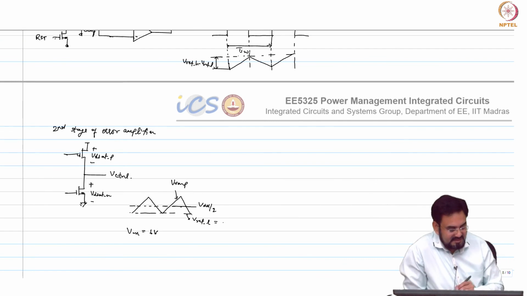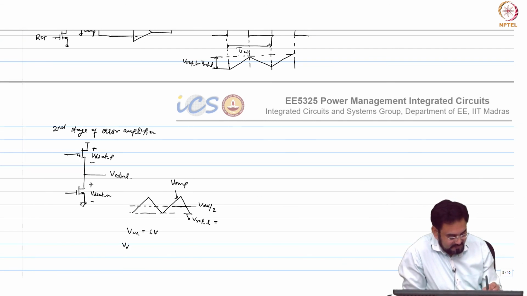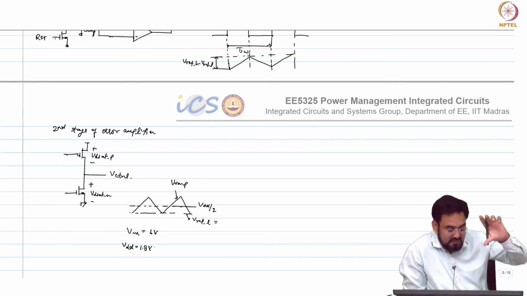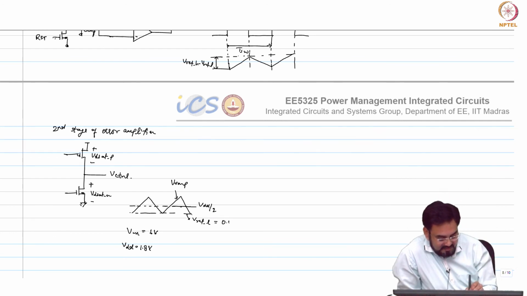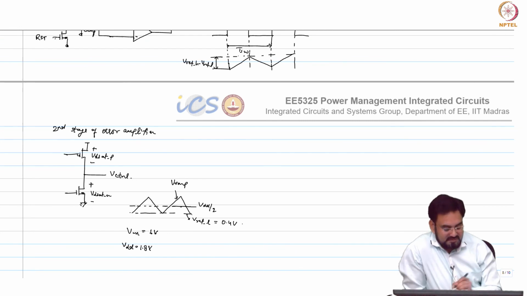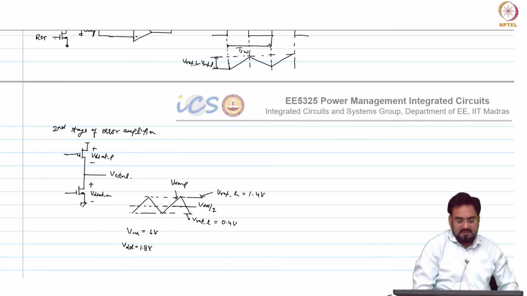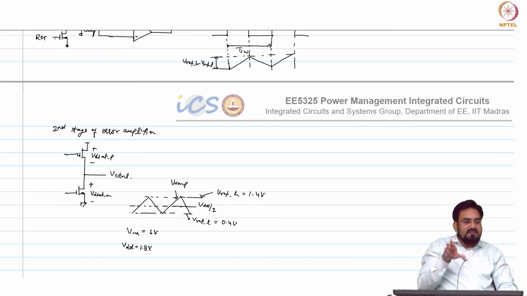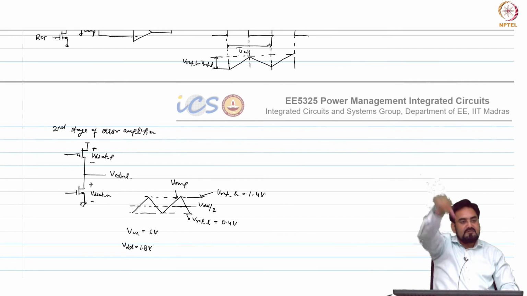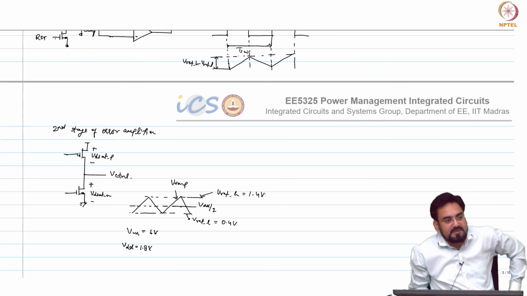If my VDD is, let us say, 1.8 volt and I want 1 volt VM, so this should be 0.4 volt, and this should be Vref H equal to 1.4 volt. So minimum you get 400 millivolt for NFET and 400 millivolt for PFET.